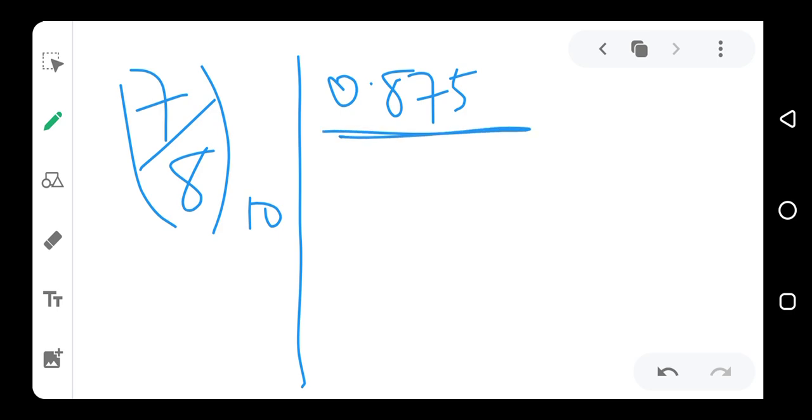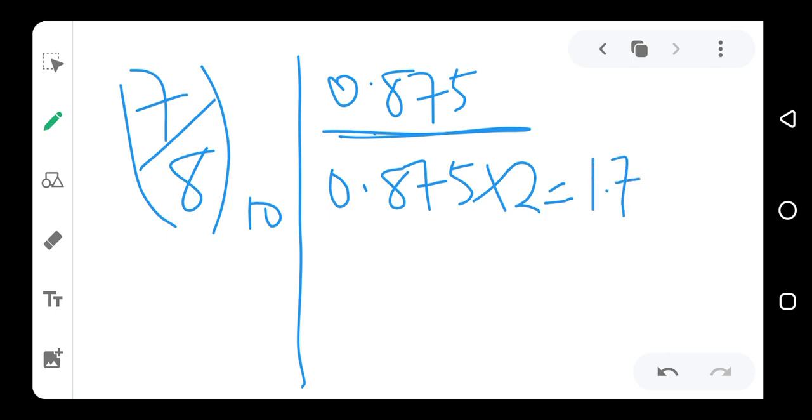Now, once we have this, multiply that decimal number by 2. We have 0.875 multiplied by 2. We are going to get 1.75.